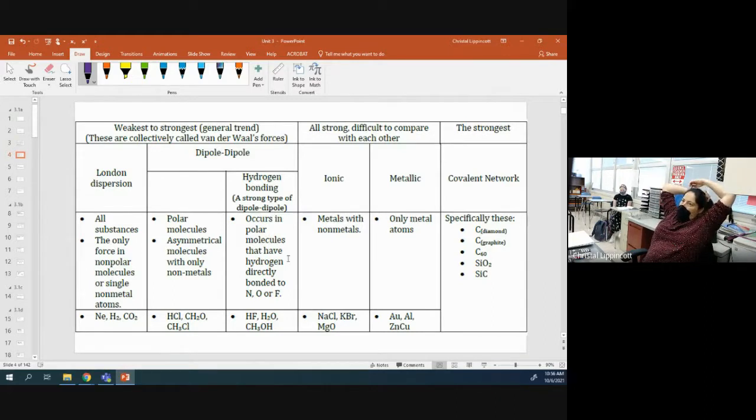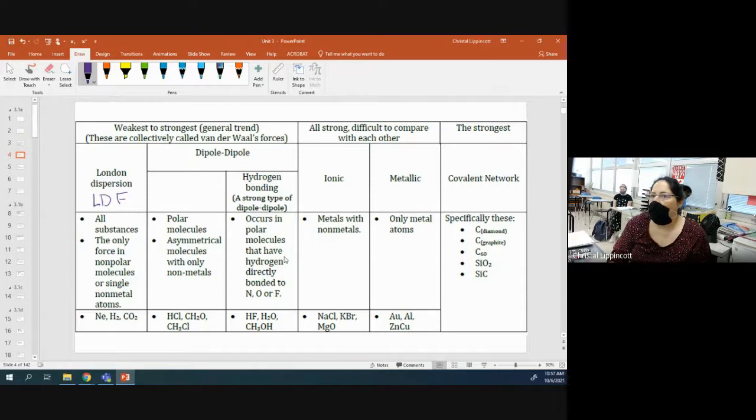So we've got 3 different types of IMFs on here, and then the rest of these are different types. We've got London dispersion forces, which we abbreviate LDF. And that is a standard abbreviation that is allowed on the AP exam.